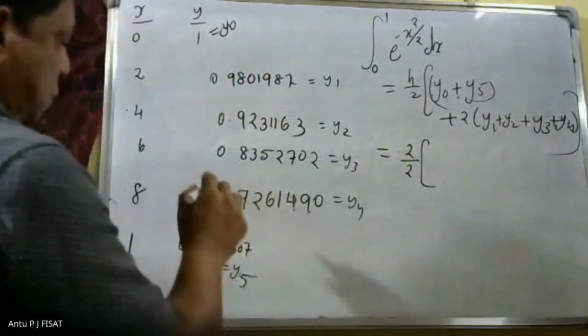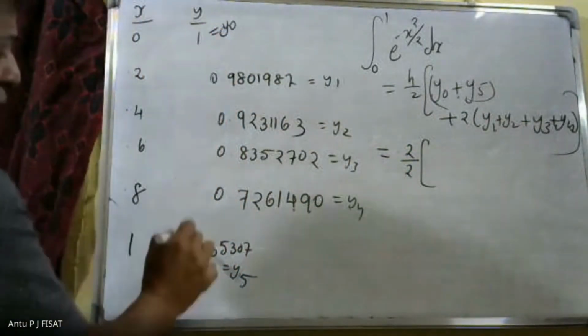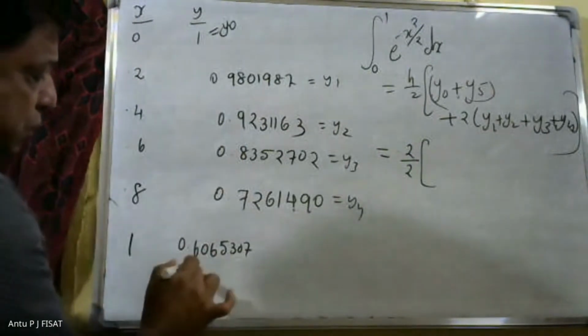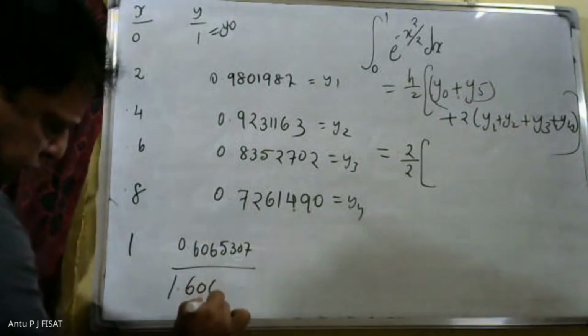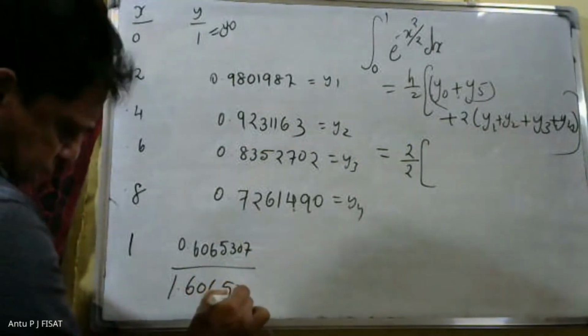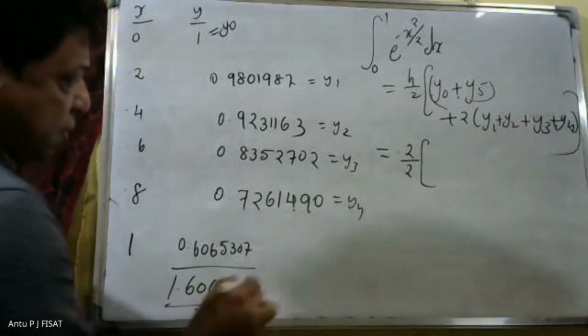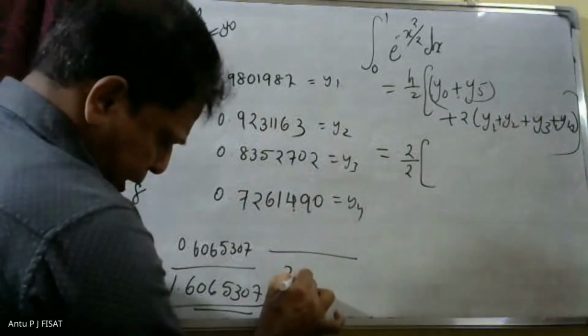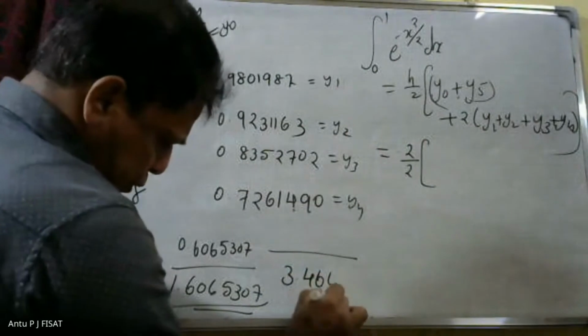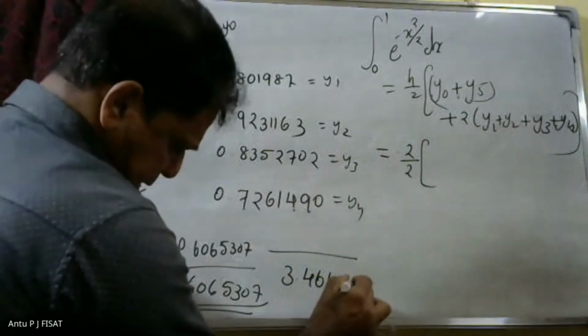y0 is 1, and we add 0.6065307. When we add this, we get 1.6065307. When we add the values in this column, we get 3.4647342.